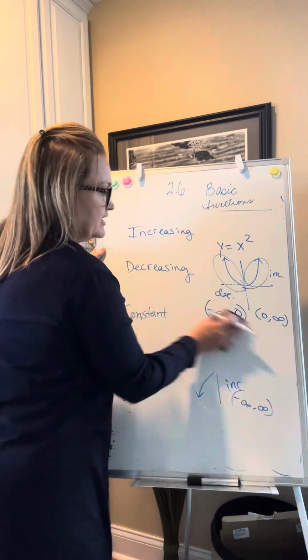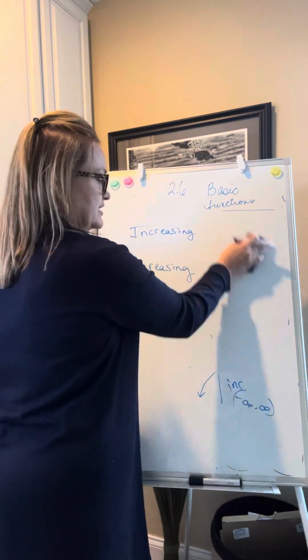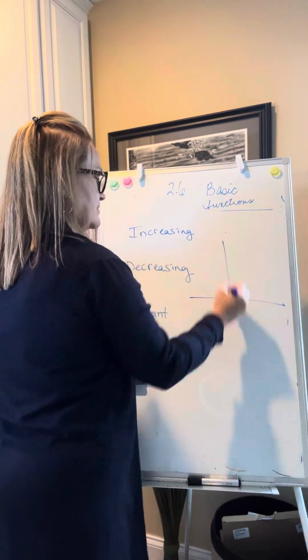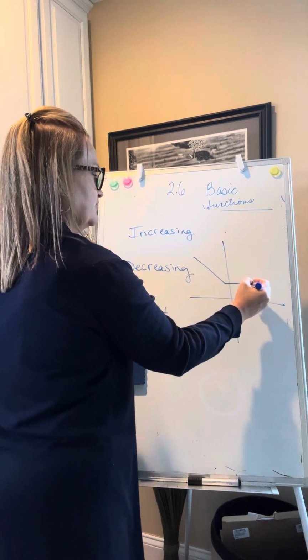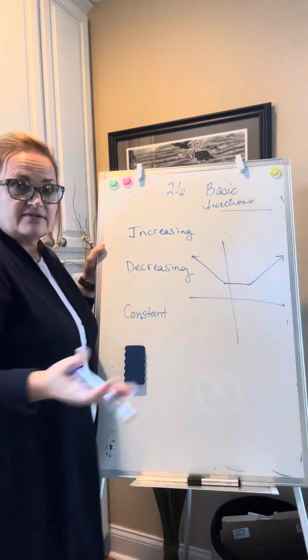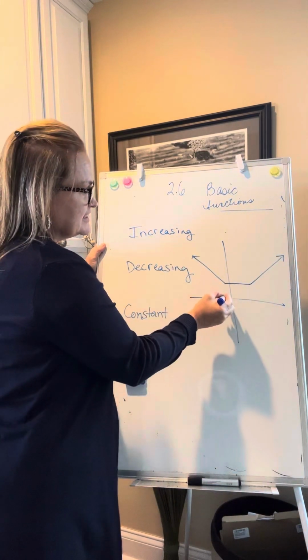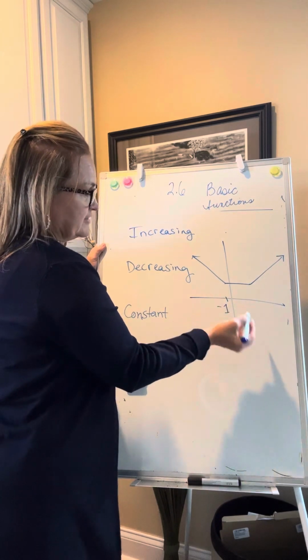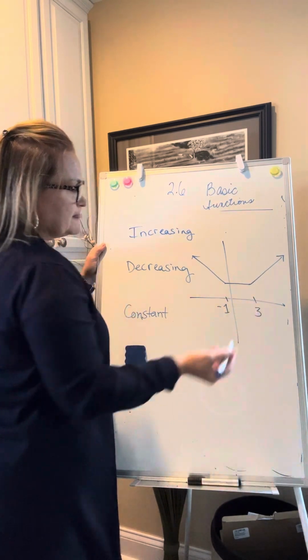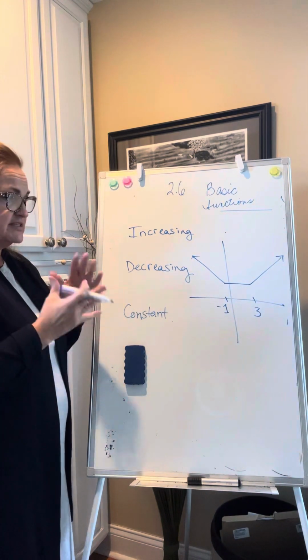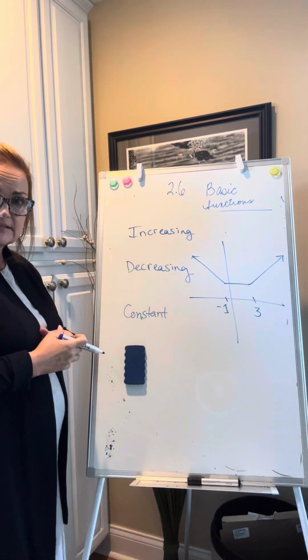Now to make it more interesting in your homework, they draw you some piecewise functions. So maybe something like this. Put a few graphs together, so you have something to go on for the constant part of the slope. Let's say this is -1 on the x, and let's say that's 3. Feel free to pause the video here and list where it's increasing, decreasing, and constant.